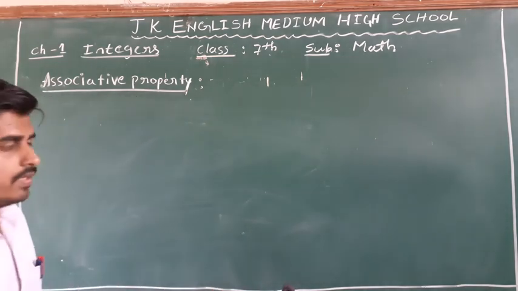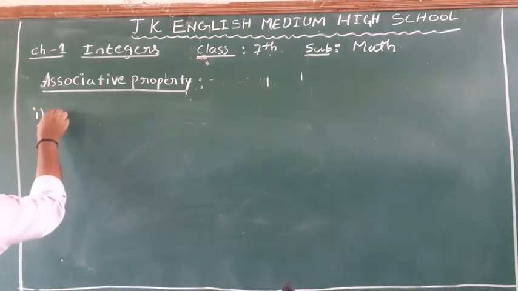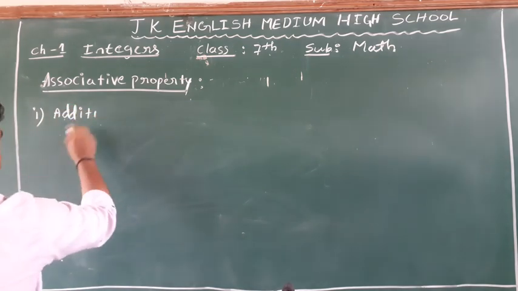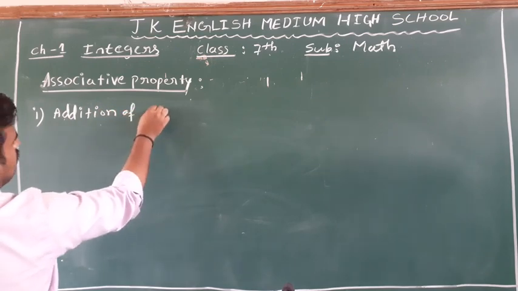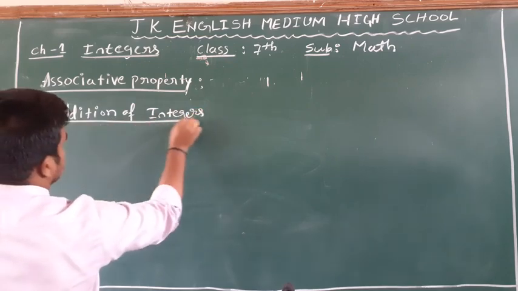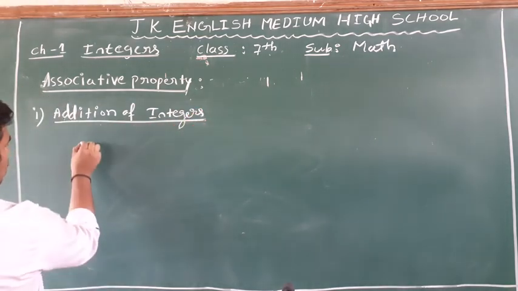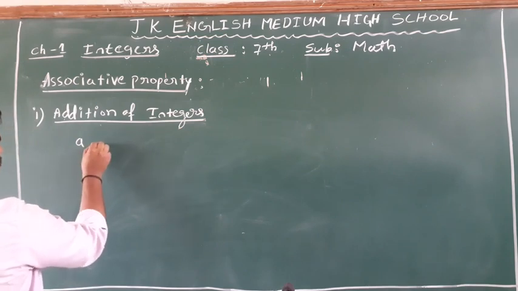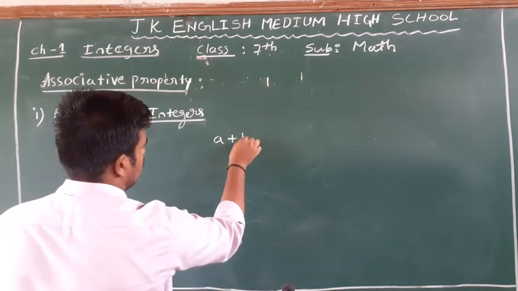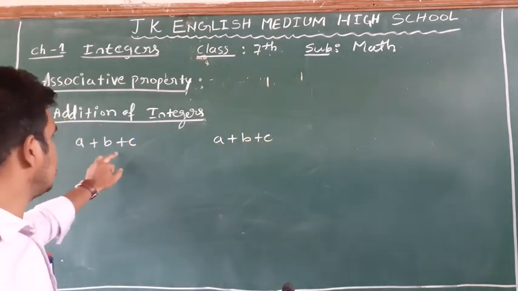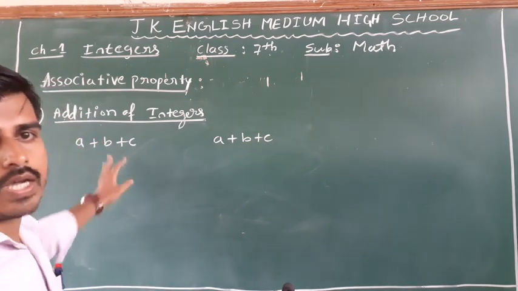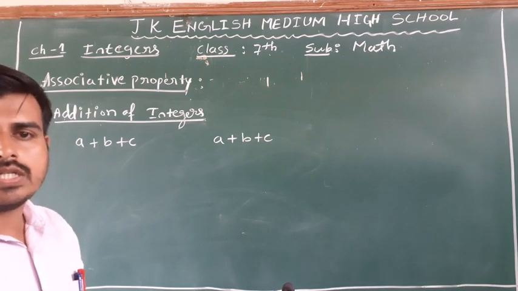First we will check addition of integers. So A plus B plus C. Here, because the operation is the same, we are using three integers, because with two integers we can't make it, since two integers make one group.